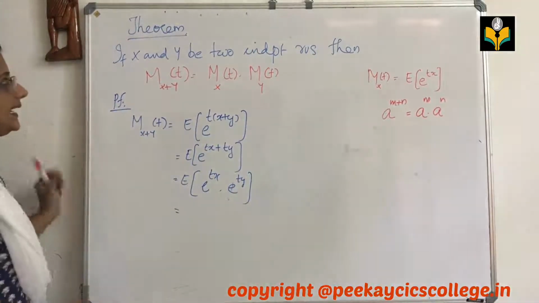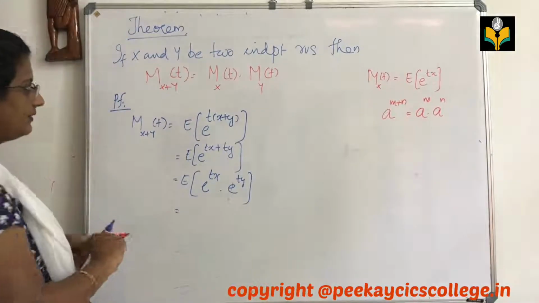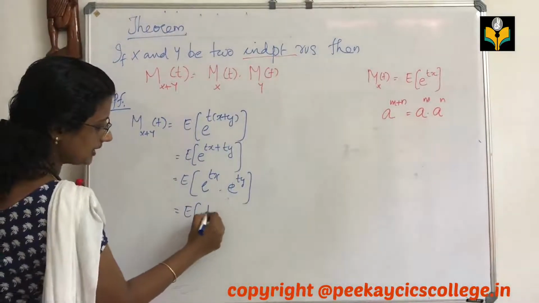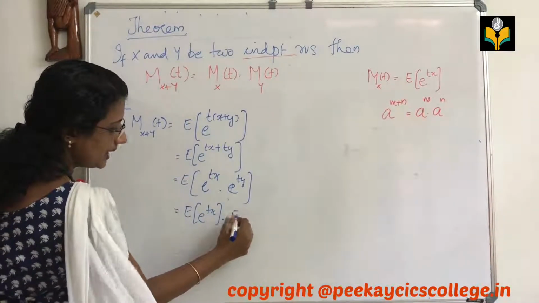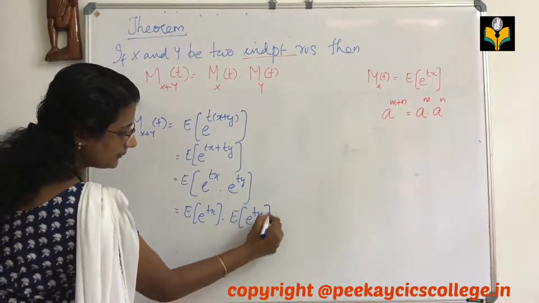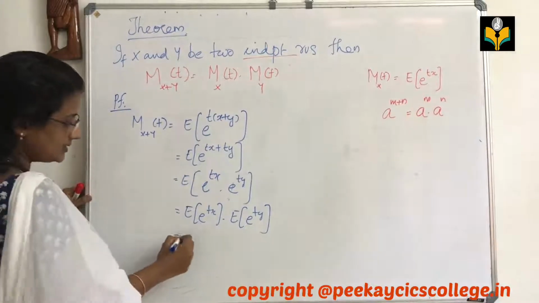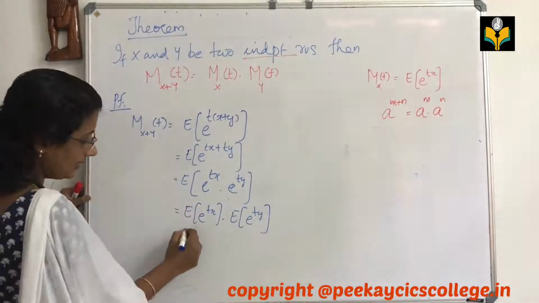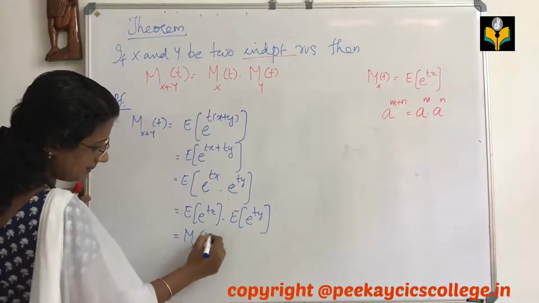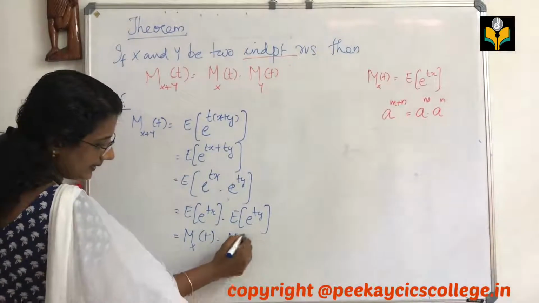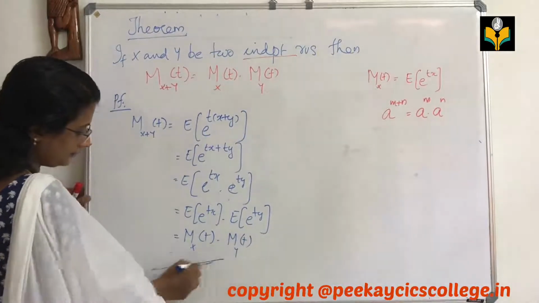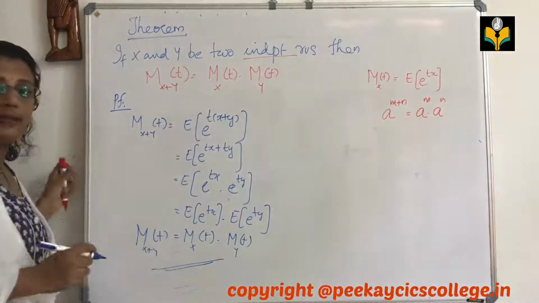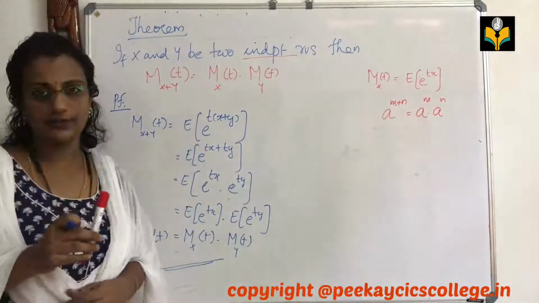Since X and Y are two independent random variables, we can split this as expectation of e raised to tX into expectation of e raised to tY. What is this? This is the MGF of X and this is the MGF of Y. We can write it as MX of t into MY of t. That is, MX plus Y of t equals MX of t into MY of t.